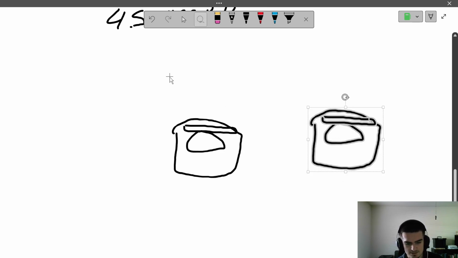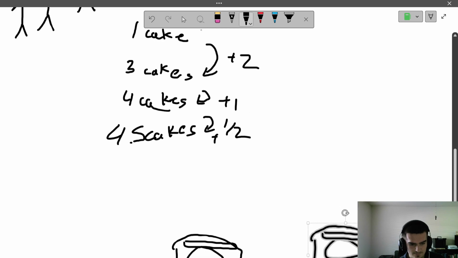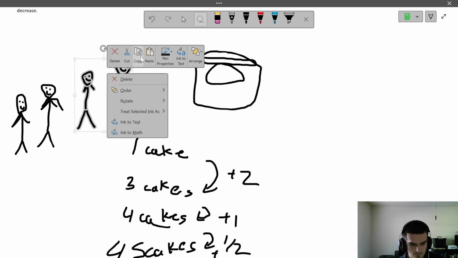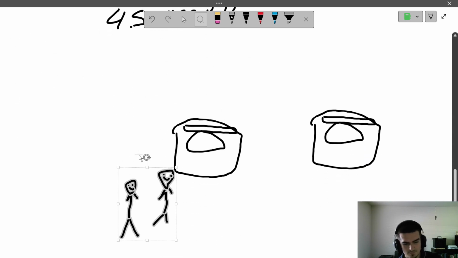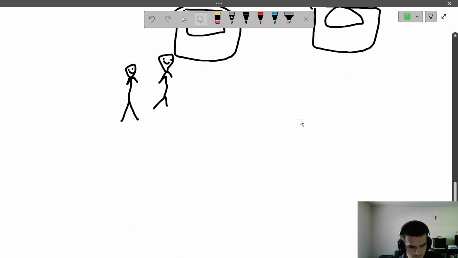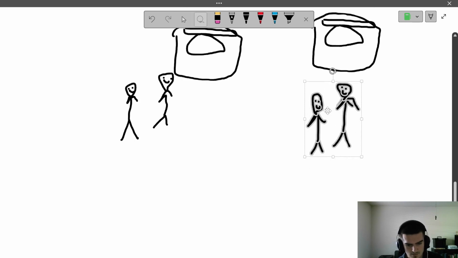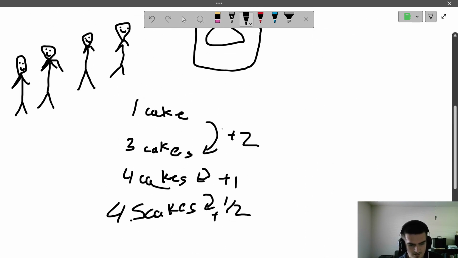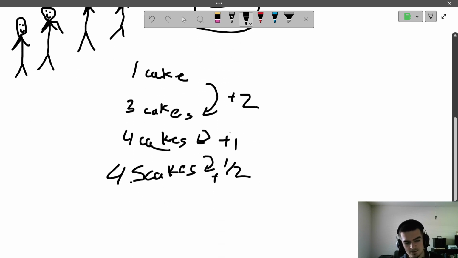But with 2 ovens, well, then we assign 2 workers per oven. And then 2 workers per oven gets us 3 cakes, 3 cakes an hour.